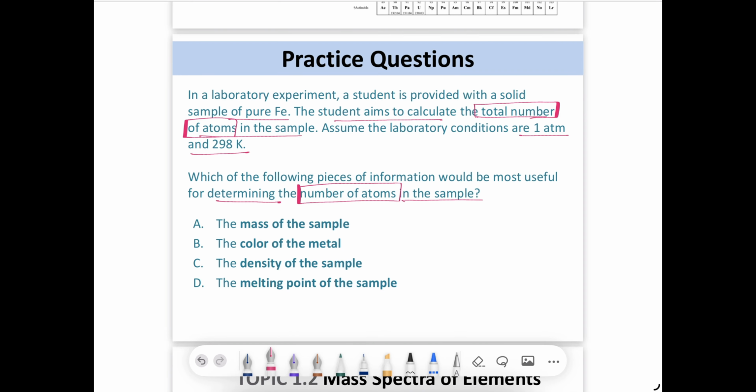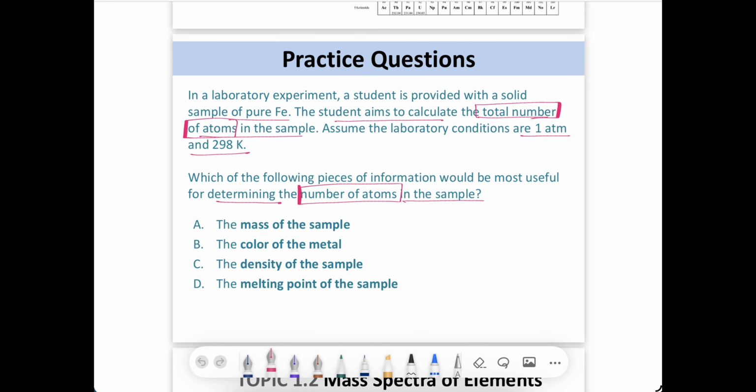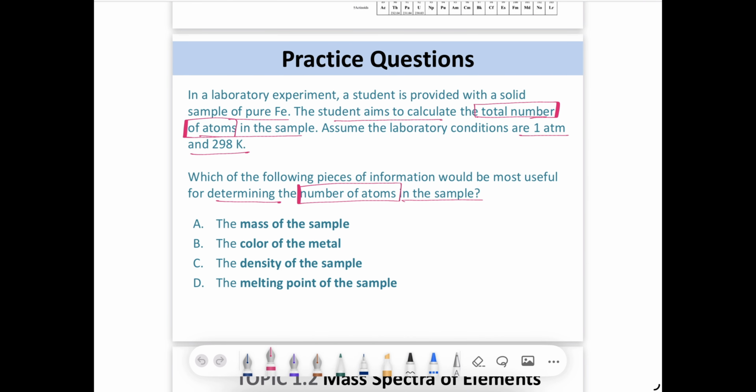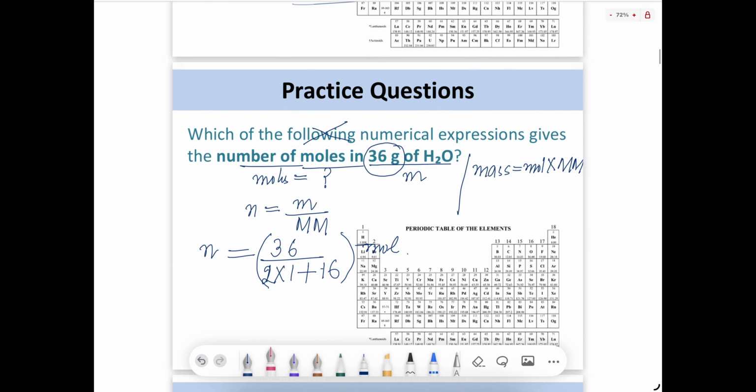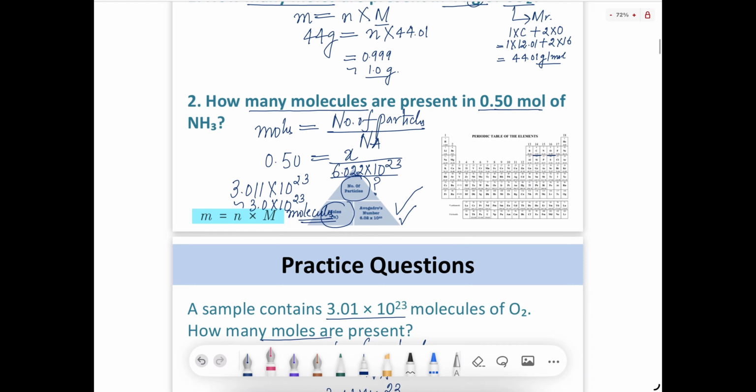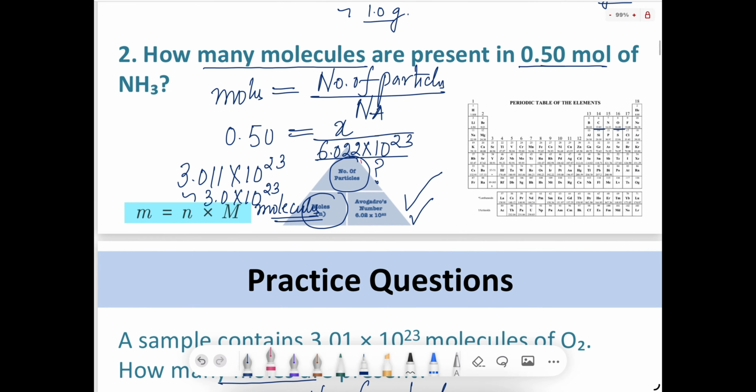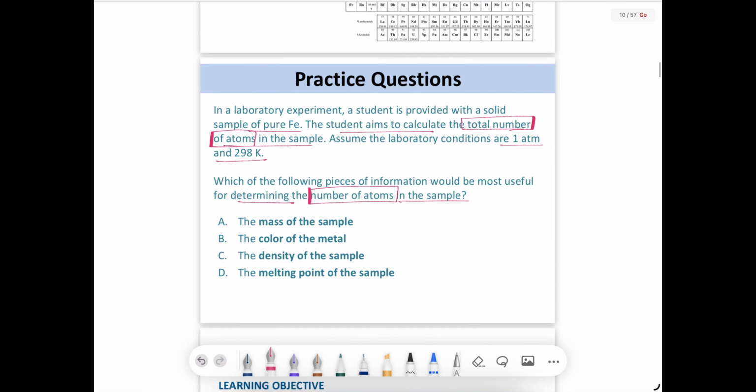So you have to find the number of atoms. So you saw the formula. I'll just take you to the formula. You have to count the number of atoms. So for the number of particles, you need moles and Avogadro's number. And how can you find the moles? You can use this formula to calculate the moles.